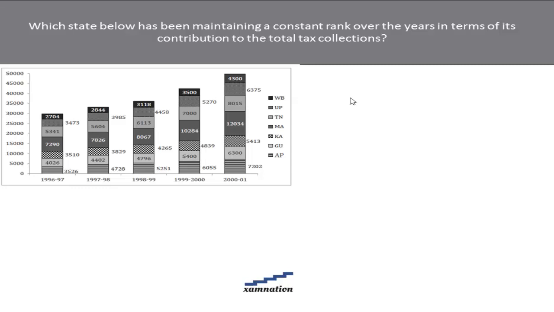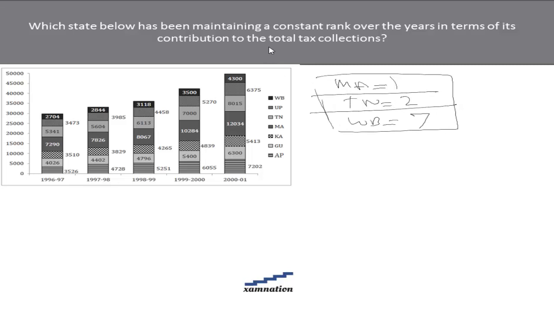As in the first question we have seen, Maharashtra, Tamil Nadu and West Bengal are the three states which maintain their rank: Maharashtra consecutively comes first, TN is always second, and West Bengal is always last. So these three states maintain their rank over the years, and based on the options, we can select which state is correct.